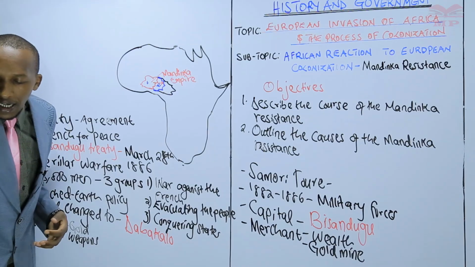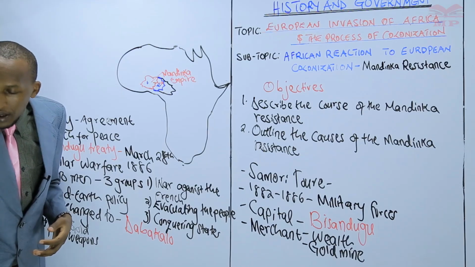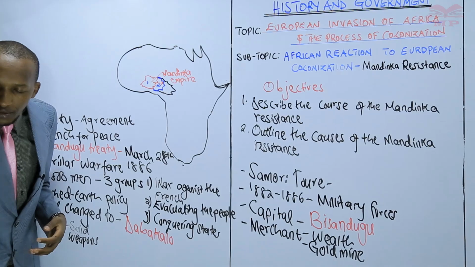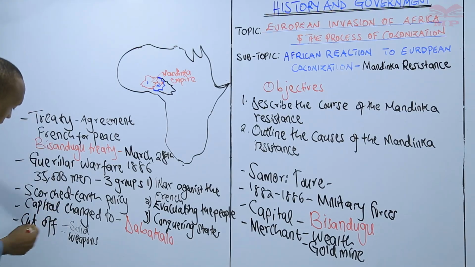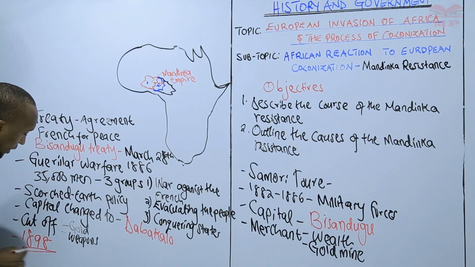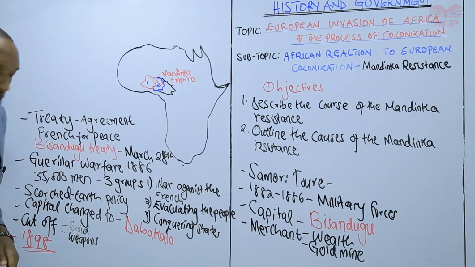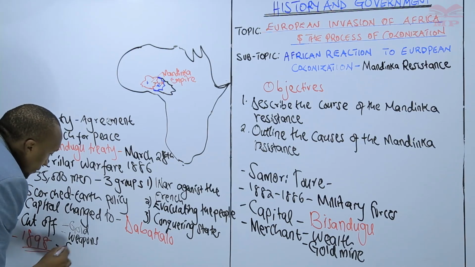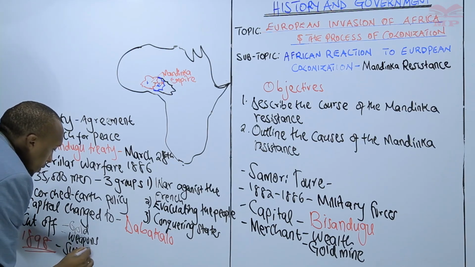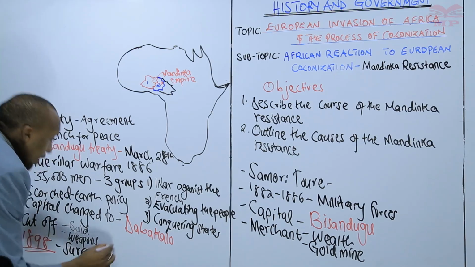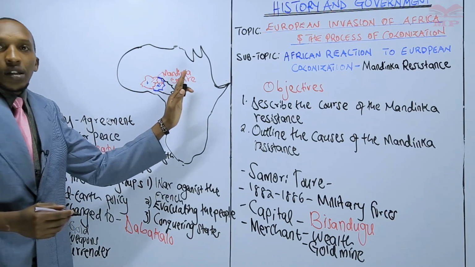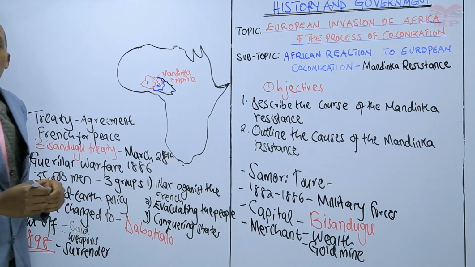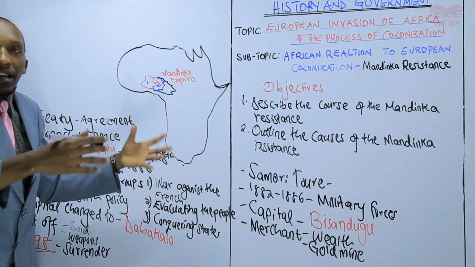So in 1898, I want you to remember that year, Samori Ture decided to surrender. He decided to surrender because as he moved towards the east, he could not sustain his vast army.